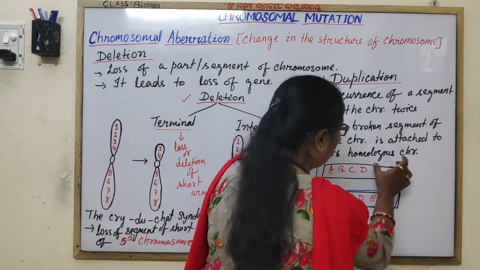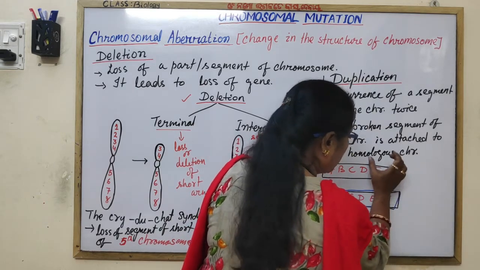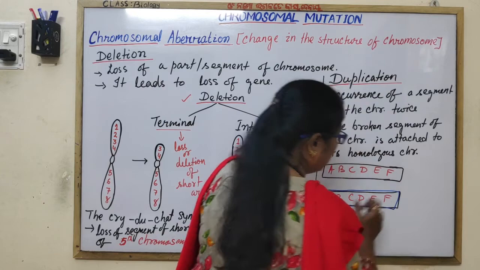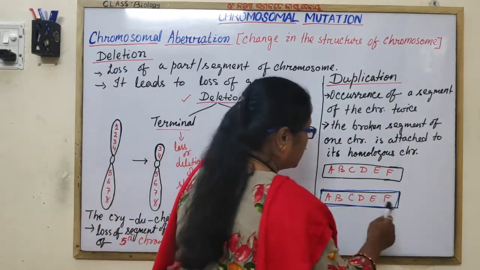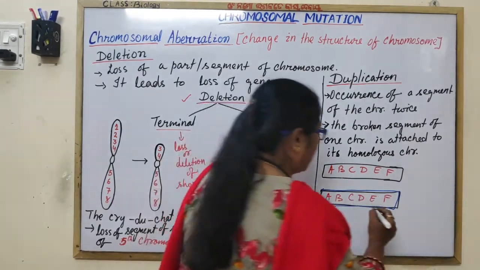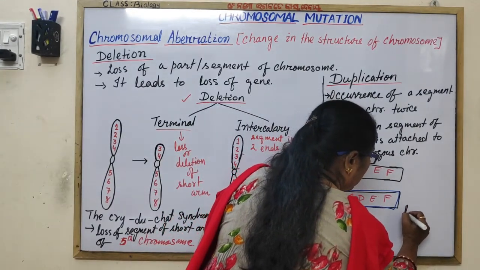Suppose a part is deleted from one chromosome and attached to another, so that the specific region is repeated. I am writing over here.